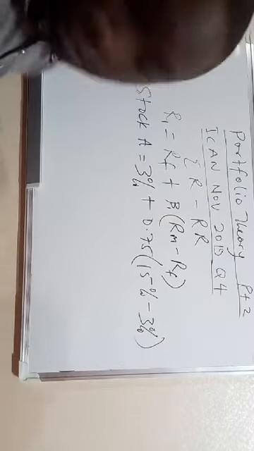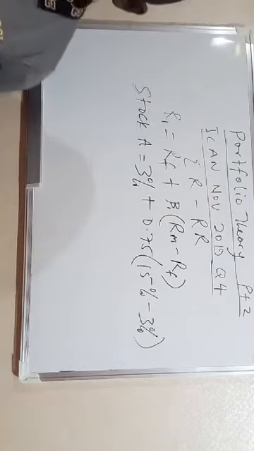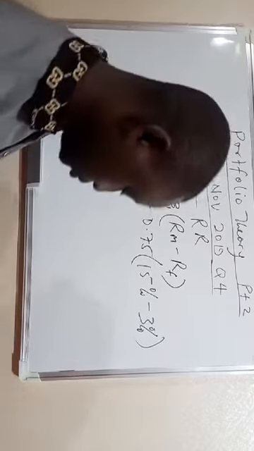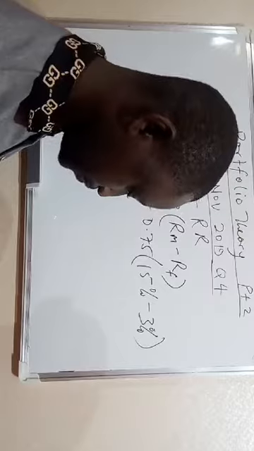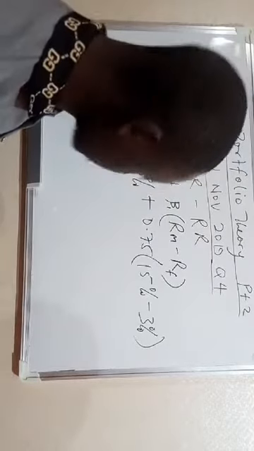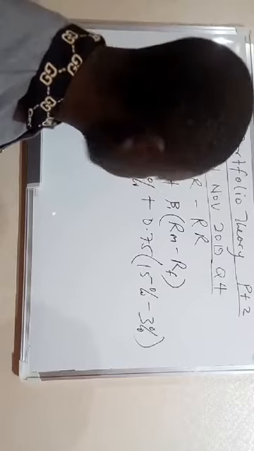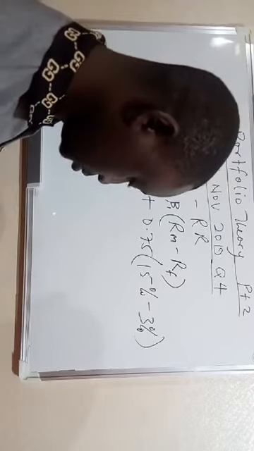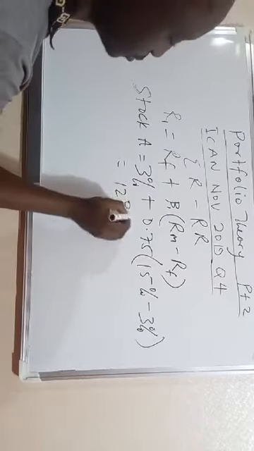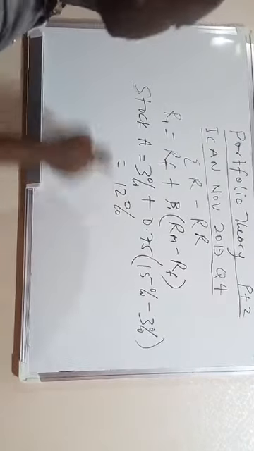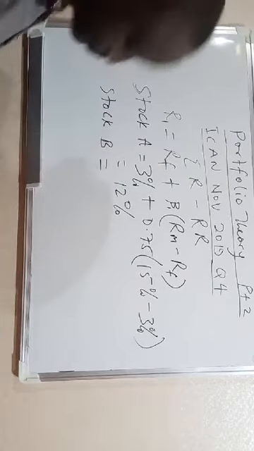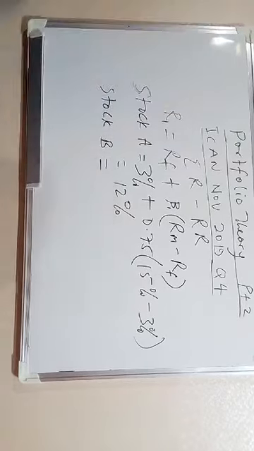If you use your calculator, BODMAS: 15 minus 3, you have 12, times 0.75, plus 3. So we have 12%. B can be done very quickly.